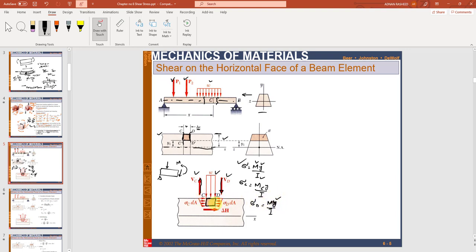When y is maximum, the stress will be maximum. Similarly, when y is decreasing, stress is decreasing, and it is represented here in this figure. So the stress at face C will be sigma C, and stress at face D is sigma D.